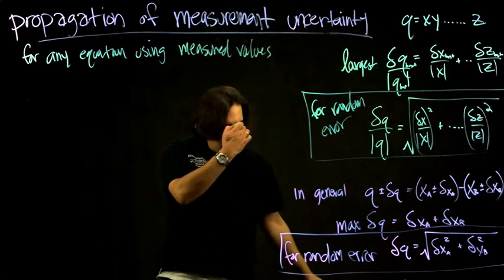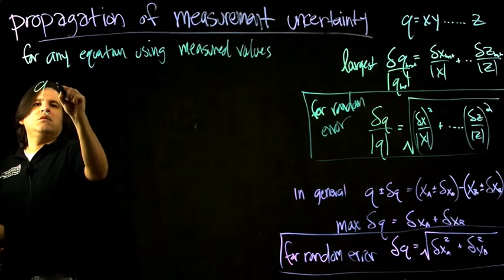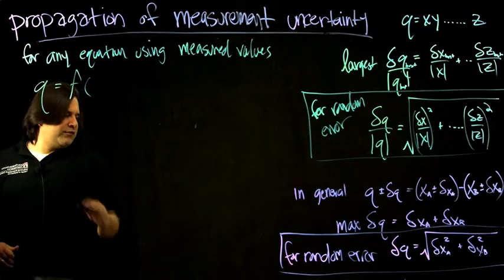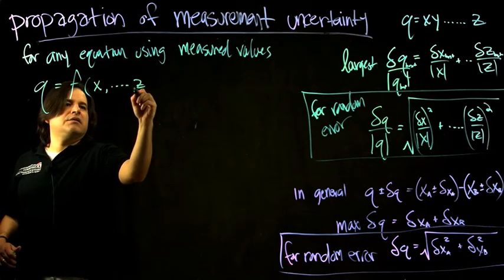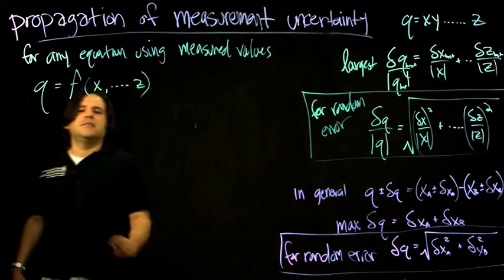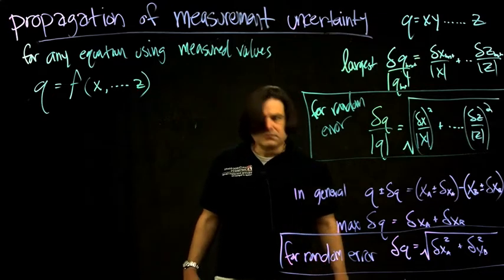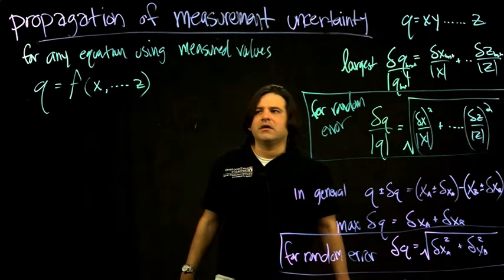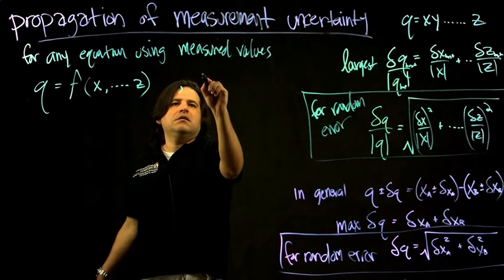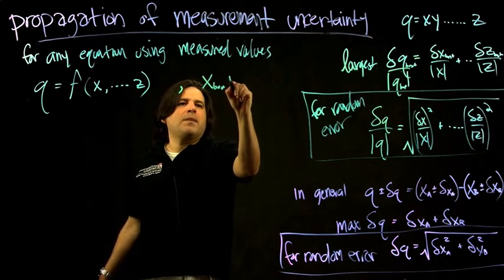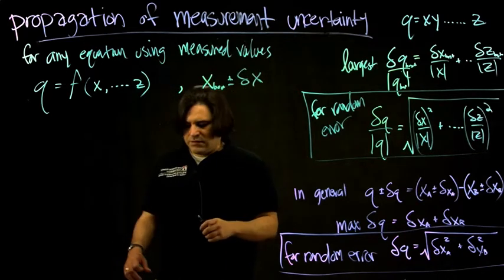For example, some quantity Q, which is a function of many measured values, x through z, which can be any number, each of those having their measured best value plus or minus some uncertainty.